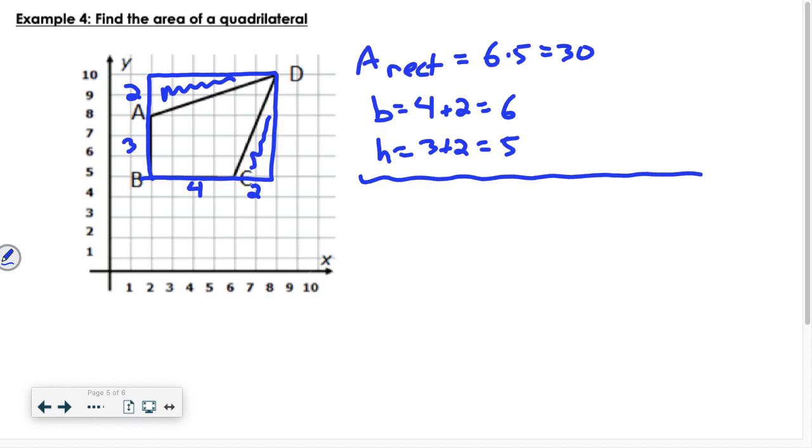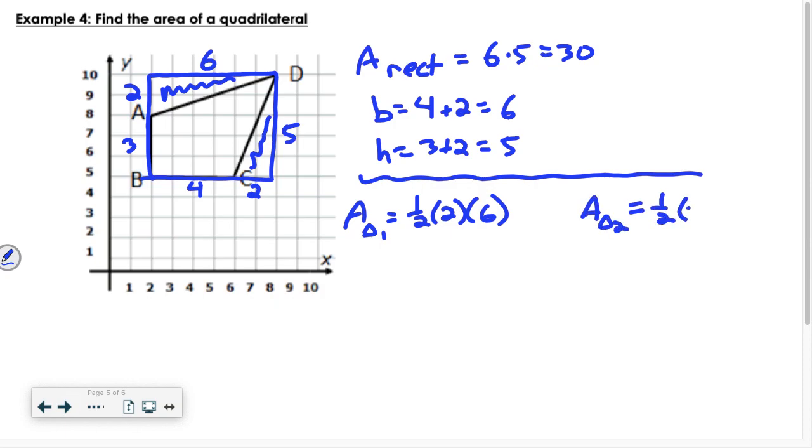Now I need to find both of my other triangles. My first triangle, at AD, has a base of 2, and I can call the height 6. My second triangle has a base of 2 and a height of 5. The area of triangle 1 is going to be 1/2 of 2 times 6. The area of triangle 2 is going to be 1/2 of 2 times 5.